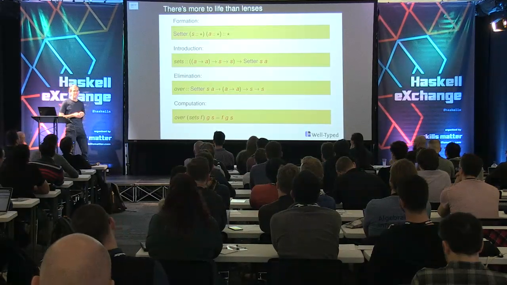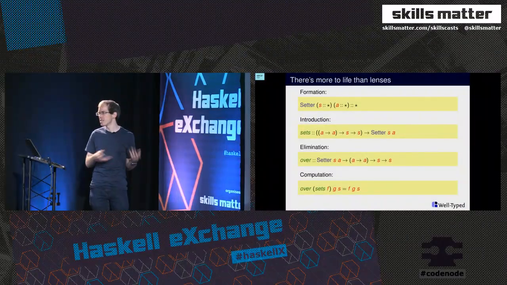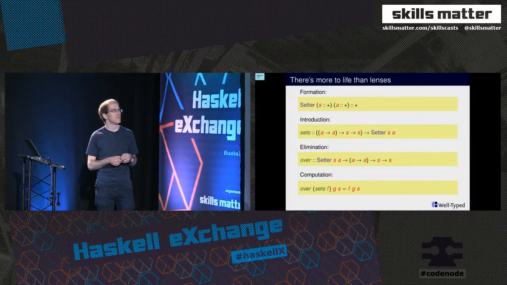And then similarly, as getters are the special case where we can only extract a value, there are setters, which are the special case where we can put a value or modify values stored in a structure without necessarily having the ability to get them out. So this time the introduction rule isn't quite just the special case of lens, because we've got the ability to modify values that are stored as well as replacing values, which we could do with a lens using the view operation, but here we don't have that.